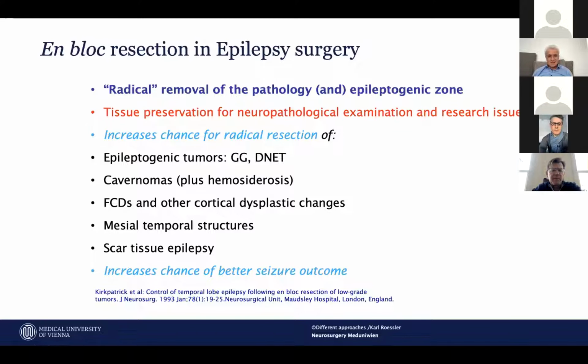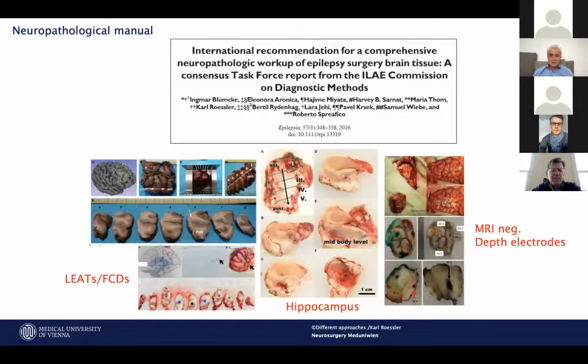And this not only increases the chance of radical resection in our types of pathologies, focal pathologies, but it also increases, of course, the chance of becoming seizure-free.